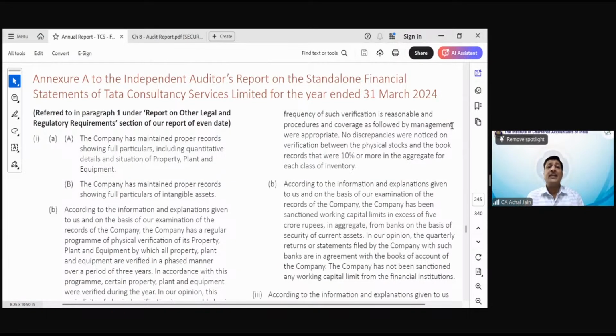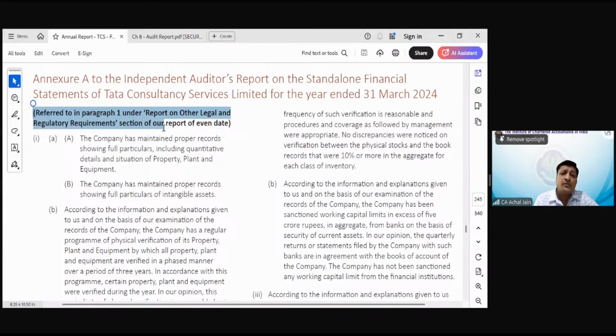In this Annexure A they have given a complete reference. It says Annexure A to the independent auditor's report. Remember the title of the main audit report on the financial statements of the company for the year ended 31st March 2024. Just look at the referencing.